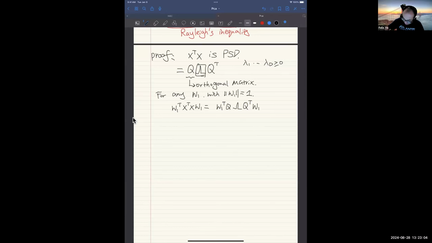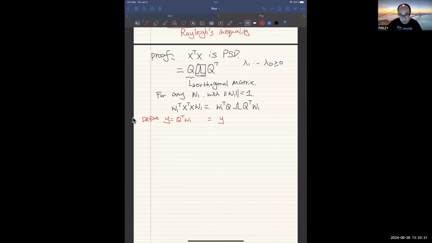I'm going to define Y equal to Q transpose W1. Sorry, I got that wrong at first.